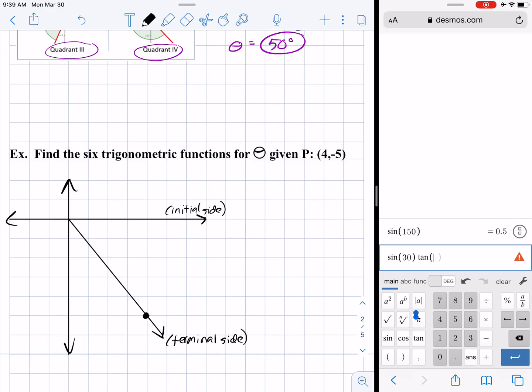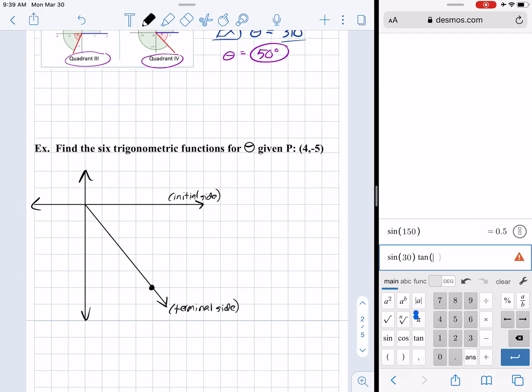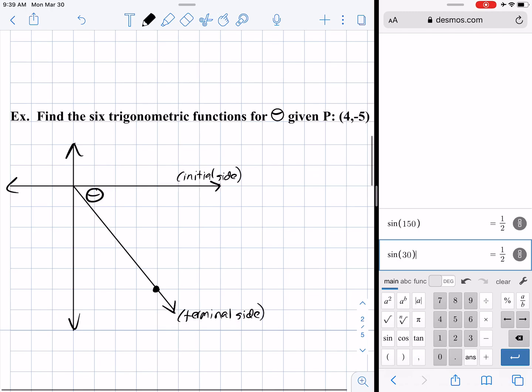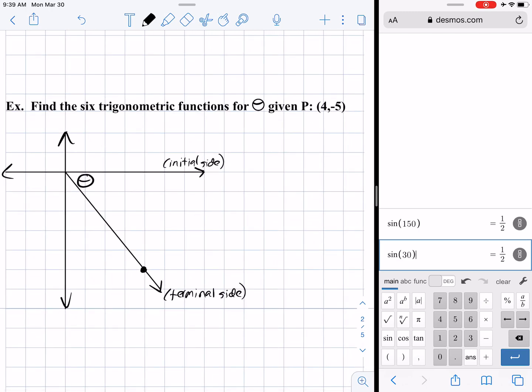Okay, and the 6 trig functions that we're going to find for theta, theta is going to be our reference angle. Hopefully you saw that in here when you just entered sine of 150 and sine of 30, and you can see you get the same exact ratio for both. Well, we're going to do the same thing on this coordinate plane when you're given a point located anywhere on that coordinate plane.